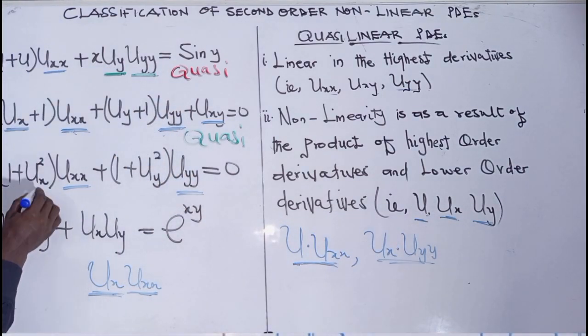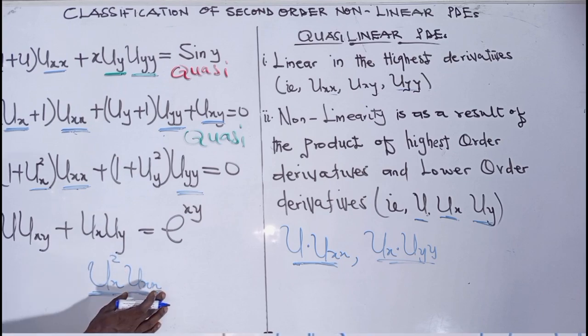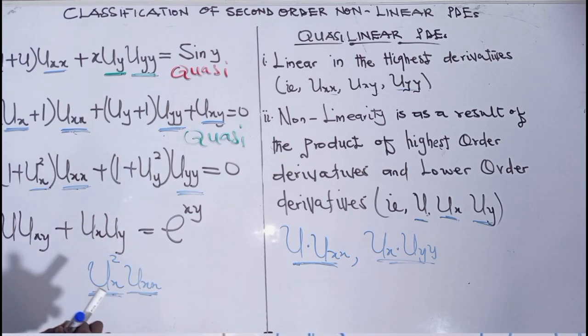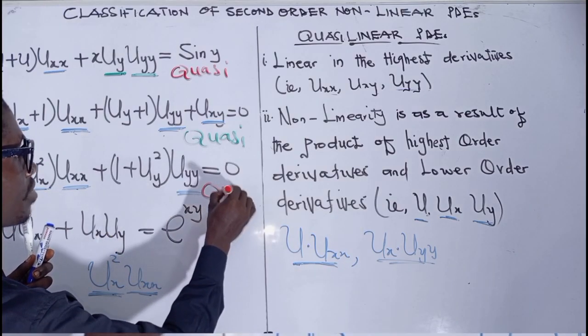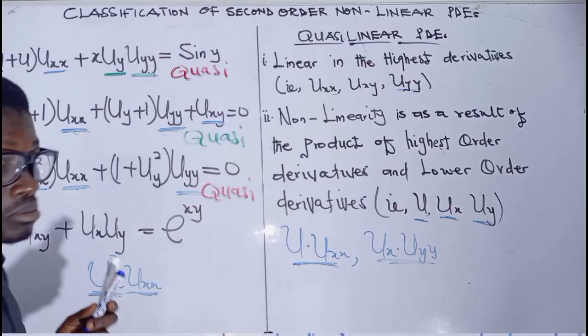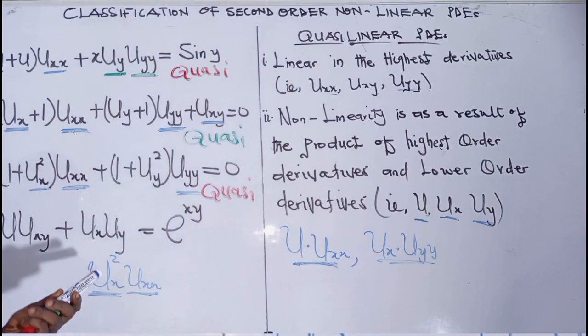You can see that we have a lower order U_x multiplying the highest derivative, because when we expand this bracket, we are going to get U_x squared multiplying U_xs. And this makes the PDE quasi-linear. So identification of quasi-linear PDEs is very, very easy: just a lower order term multiplying a highest order derivative, and you are good to go.